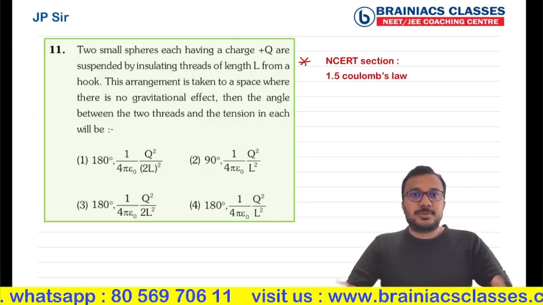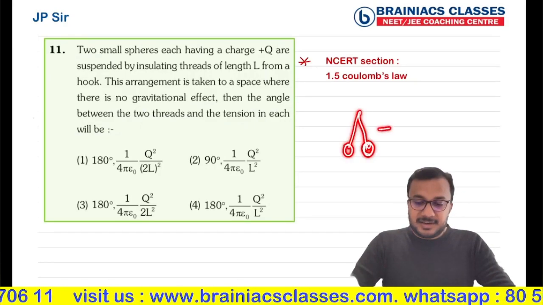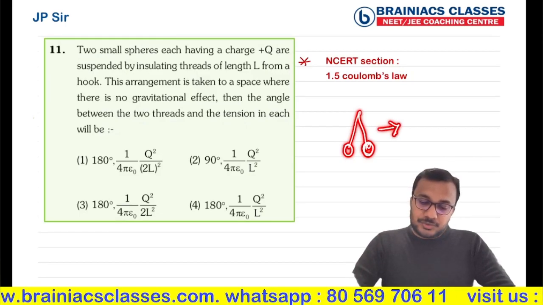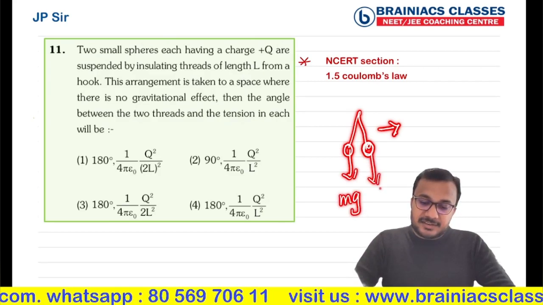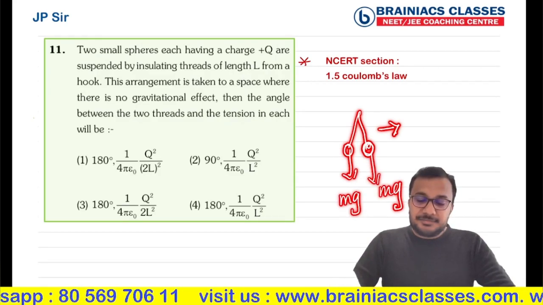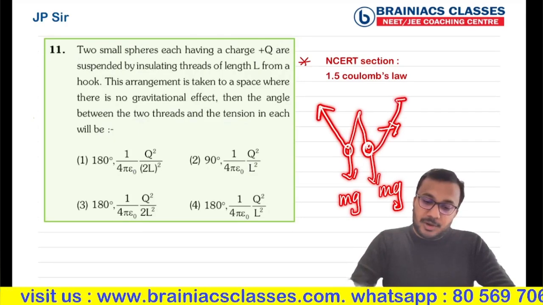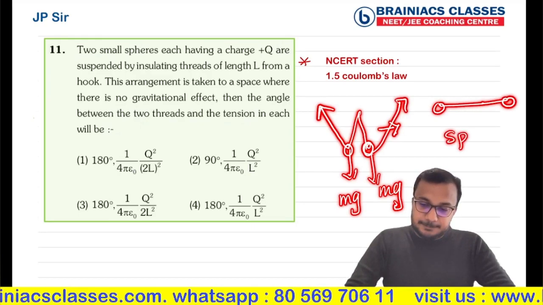First, this was in air, where the threads spread like this. Then we take it into space. Here it hangs like this because a force called mg is acting downward. If there is no mg, what will happen? This will move upward, this will move upward. So the final structure looks like this in space.